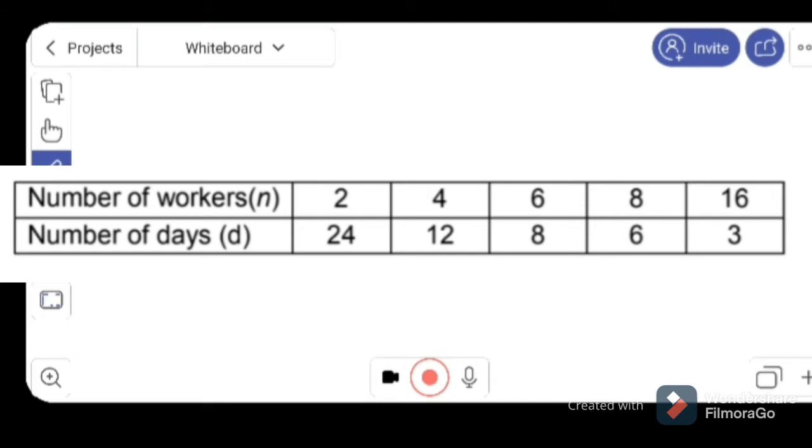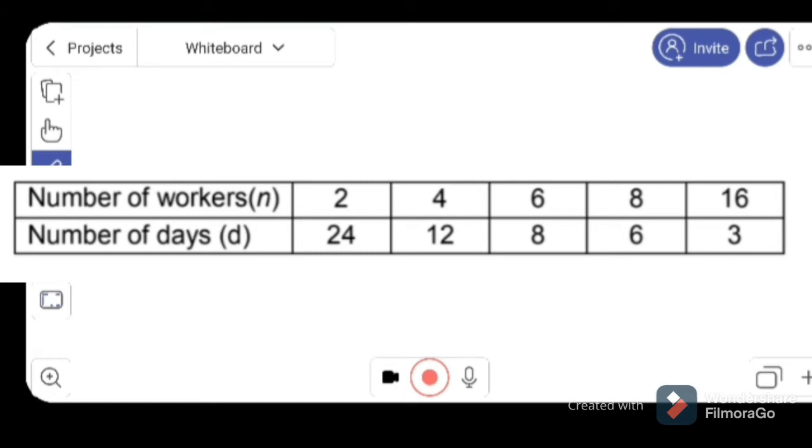In the second row, we have the number of days taken: 24, 12, 8, 6, and 3. Observe they are quantities that are decreasing. As you observe that they are opposite, one is increasing and the other is decreasing, this is a table that represents inverse variation.